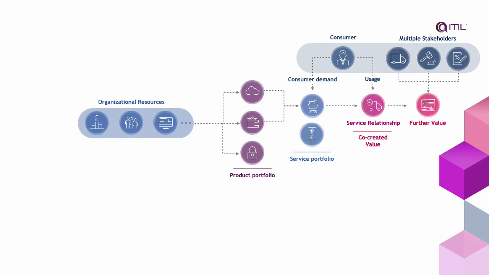Value can be shared among multiple stakeholders, for example, the provider, the consumer, suppliers, and potentially regulators and tax authorities. In turn, these stakeholders exert influence or constraints on the service provider.